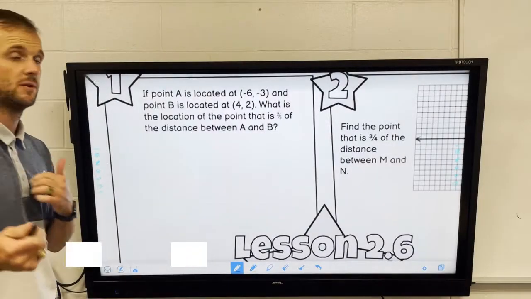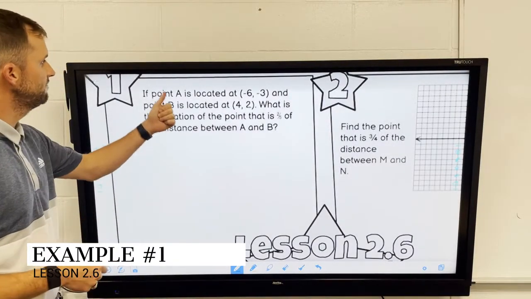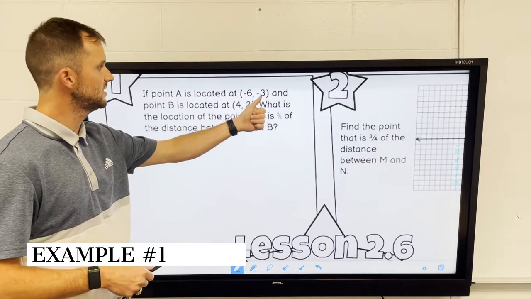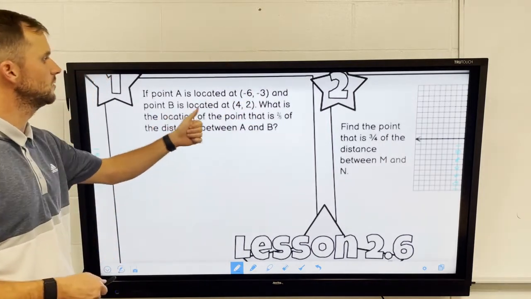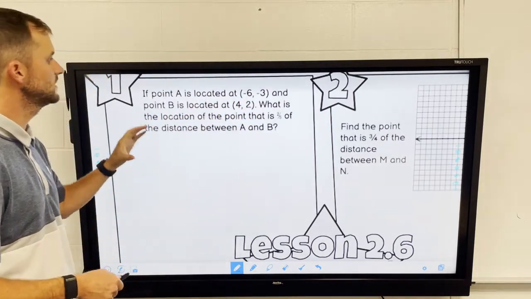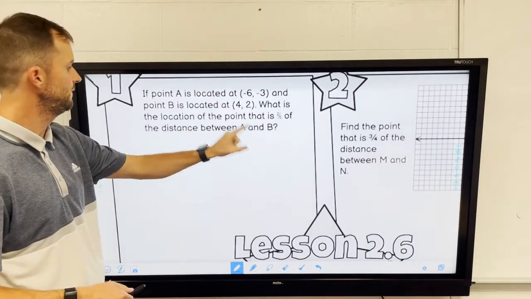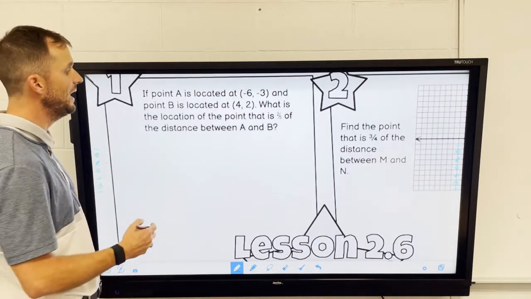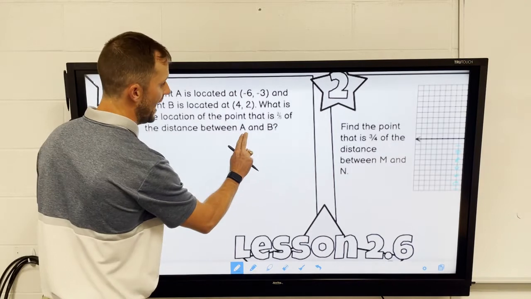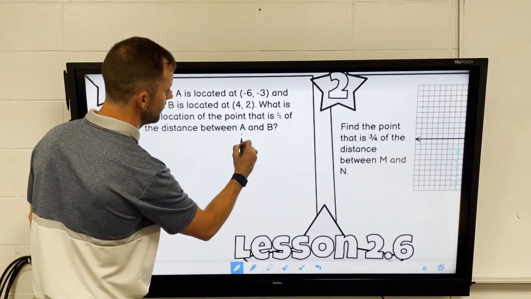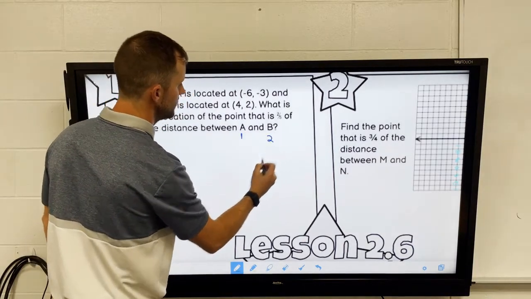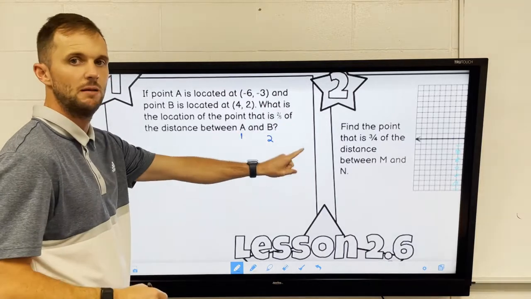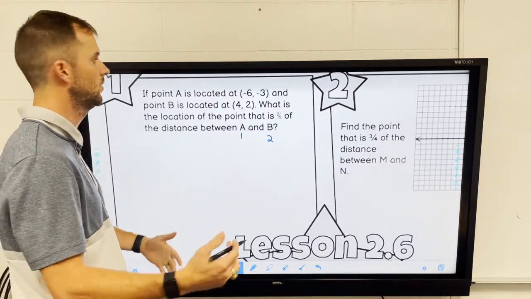All right, so look at example number 1. It says, if point A is located at -6, 3, and point B is located at 4, 2, what is the location of the point that is 2/5 of the distance between A and B? So look right here, A and B. This is your number 1s, this is your number 2s. That's my starting point and end point, so we have to make sure we plug in correctly.